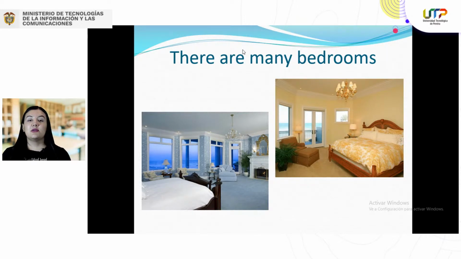Y en este caso usamos la palabra many, que significa muchos, o muchas en este caso. Muchas habitaciones, ¿ok? There are many bedrooms. Esto solamente es posible cuando usamos la estructura there are, porque es la estructura que usamos para el plural. Así que atentos al uso de ese quantifier.